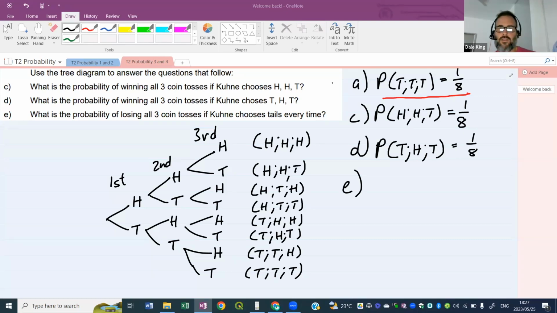Because we see tails, tails, tails once, like you said. So what's the probability of not getting that? How many times in this experiment, Emmanuel, will you not see tails, tails, tails? 7 times. Exactly.